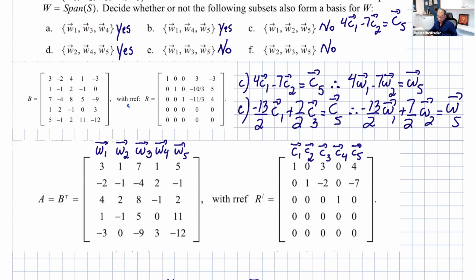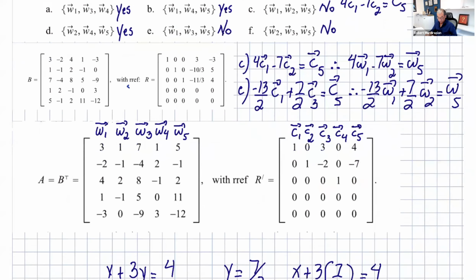E: W1, W3, and W5. Let's check C1, C3, and C5. I already see we have numbers here and here, so I can tell that C5 can be written as a linear combination of C1 and C3. Let's find those numbers.